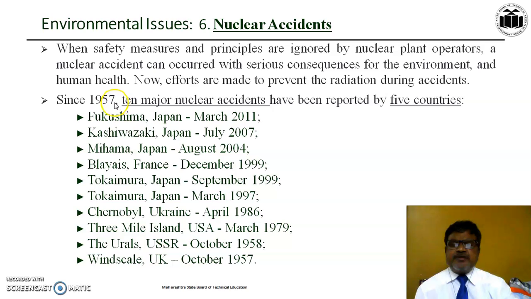Since 1957, 10 major nuclear accidents have been reported in 5 countries: Japan, France, Ukraine, Iceland and USA. These are the countries where the 10 major nuclear accidents happened.